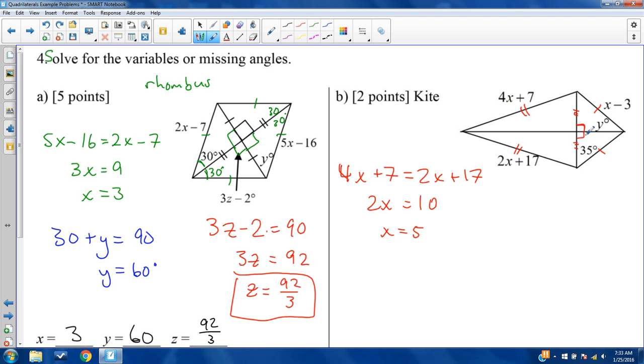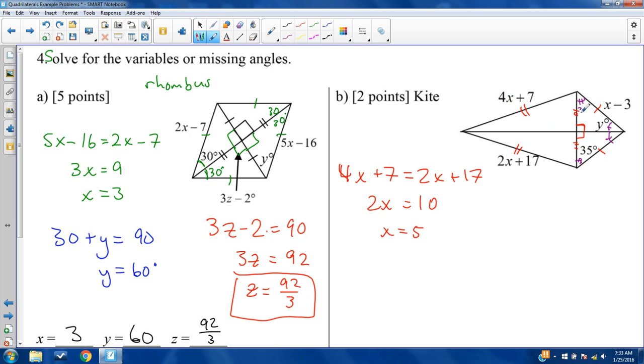Okay, right triangle. Oh, also, one other thing with the kite. This diagonal, sorry, here I should say this. This triangle is congruent to this triangle here, or this triangle is congruent to this triangle here, etc. By CPCTC, you could determine that this angle is bisected by the diagonal here. Something that will be important whenever I find out what this one is, and same with this one here.